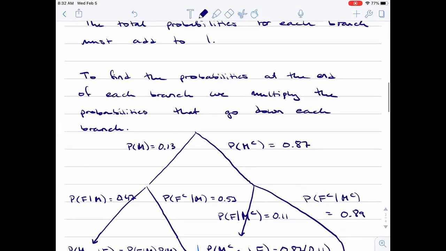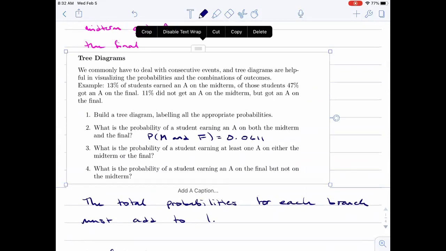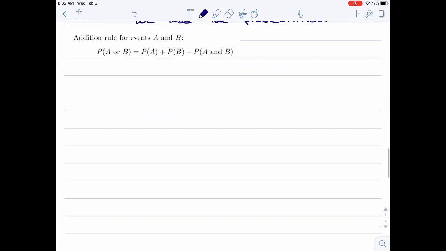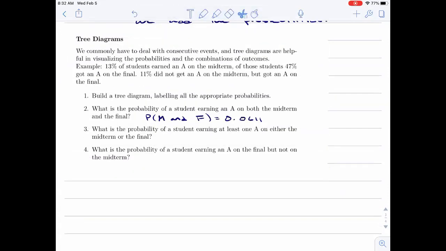So I guess I should move this down. Copy. Hey, kept it all. Nice.